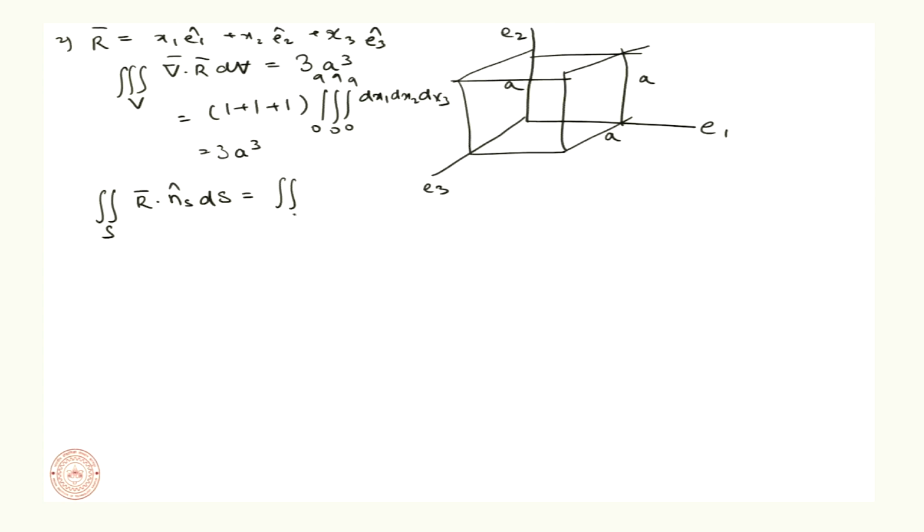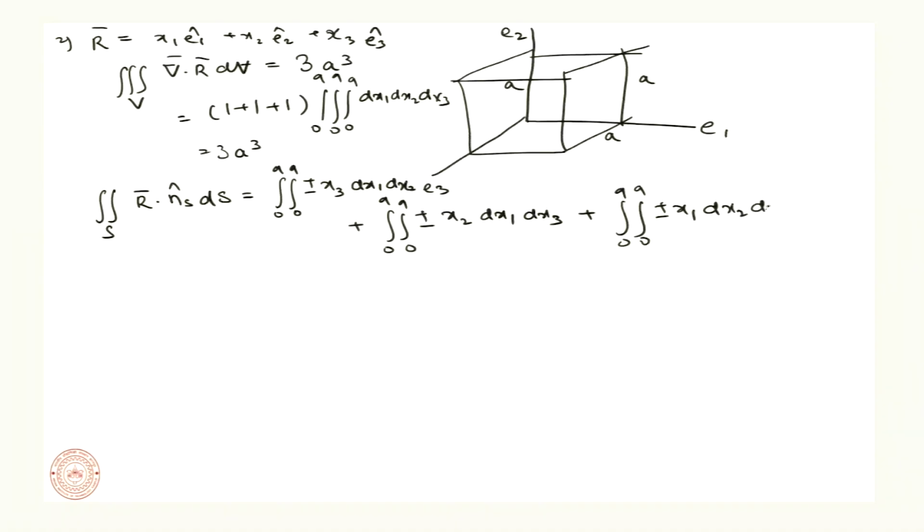So we can take double integrals from 0 to a, plus minus x3 along dx1 dx2, plus integral 0 to a plus minus x2 along dx1 dx3, and likewise for x1 along dx2 dx3. All right. So if we take this integral, we can find out it is x1 into x2 into x3 along all 3. We have the top plane and the bottom plane. Once we integrate all of them, we can find this comes out to be 3a cube.